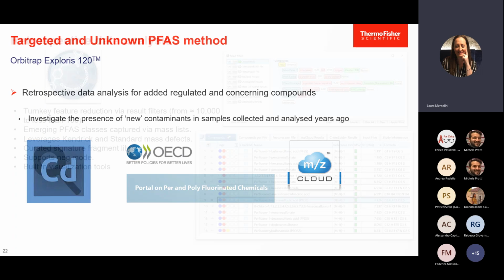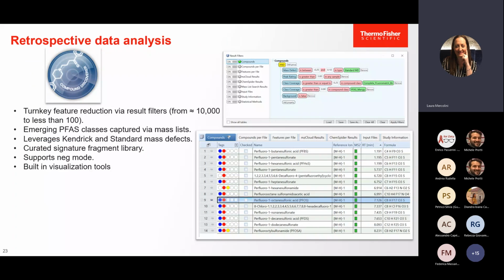Investigate new components, and what it will give you. Compound Discoverer is a deconvolution software, and especially for PFAS, you have some key features that other software cannot give you. That is obviously a targeted, great mass list curated with MS/MS, but also a bit more. This one leverages Kendrick and standard mass defect.